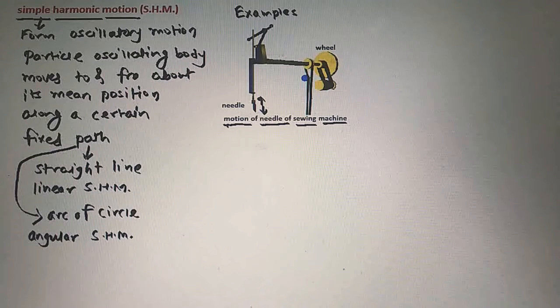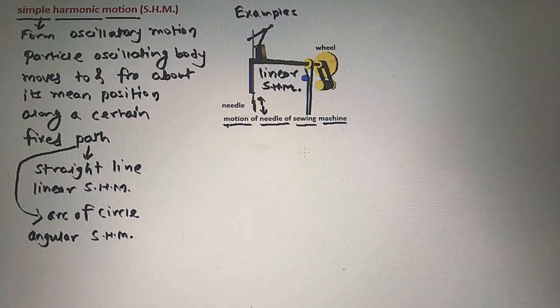Because of that, the motion of the needle of a sewing machine is an example of linear simple harmonic motion.